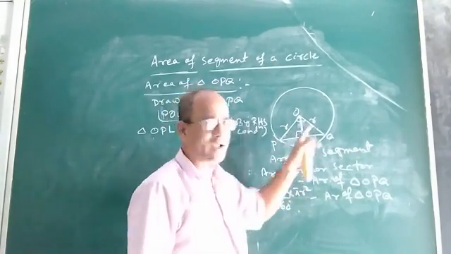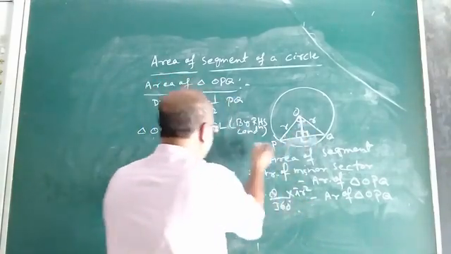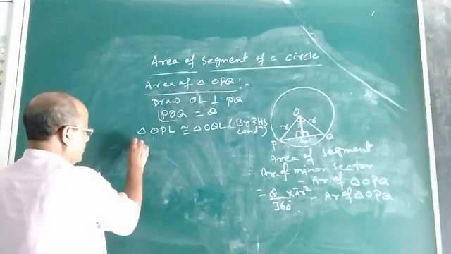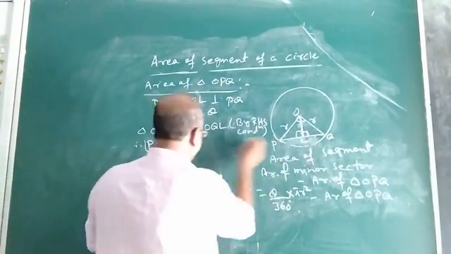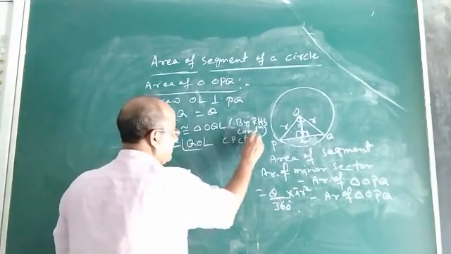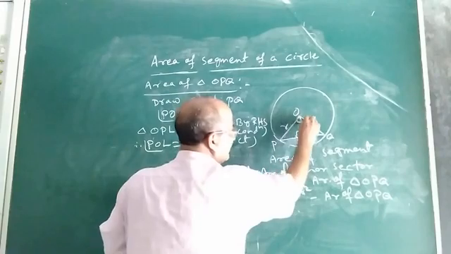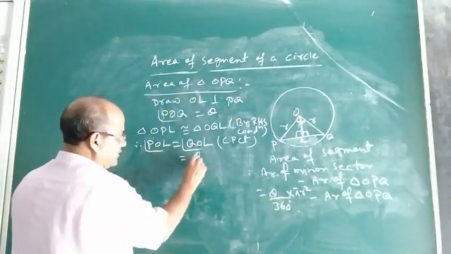Now if two triangles are congruent, their corresponding parts are equal. Therefore angle POL will be equal to angle QOL. But angle POQ is given as theta, so each angle will be equal to theta by 2.